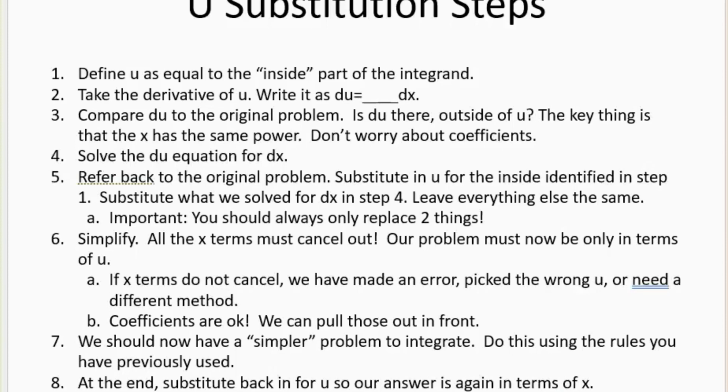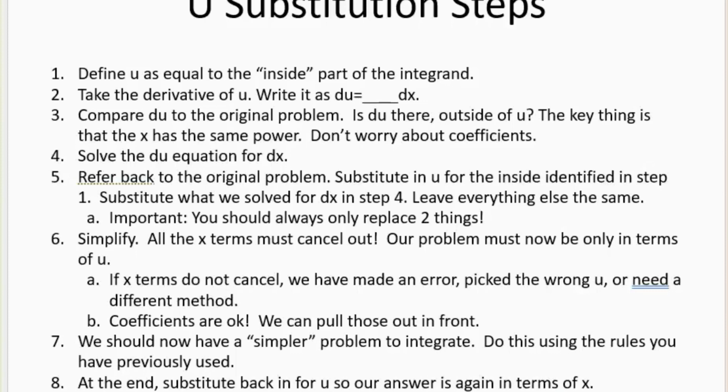Then we're going to solve that du equation for dx. Then in step 5, we're going to substitute. So we're going to substitute in what we've solved for du, as well as what we solved for u. We're going to replace just two things. In step 6, we're going to simplify. If we did it right, all of our x terms should cancel out, and we should have things only in terms of u.